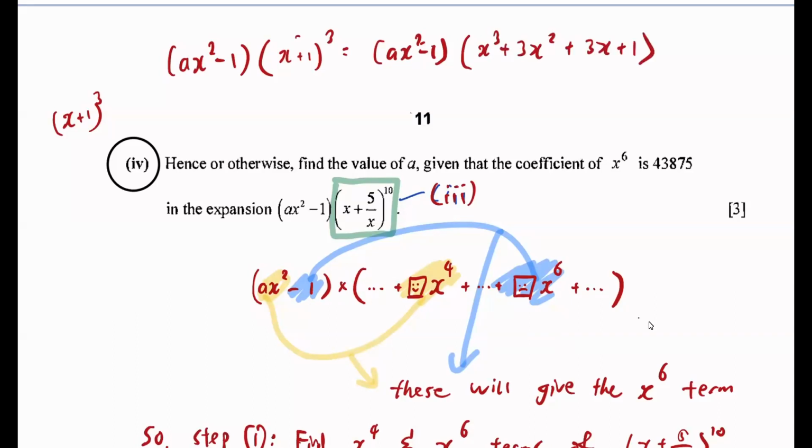Then let's think about it. How do you obtain, for example, the coefficient of the x power 3 term in this? So it would be this one and this one. Okay, that's one pair. This one and this one. And yes, the power 2 and the power 1, right? So that's the only way, right?